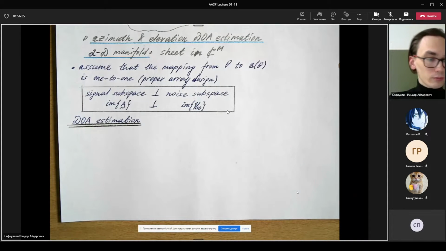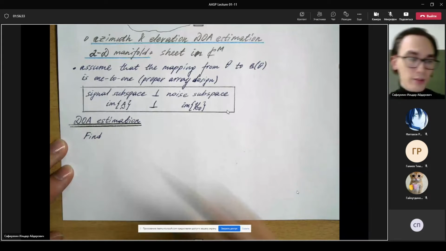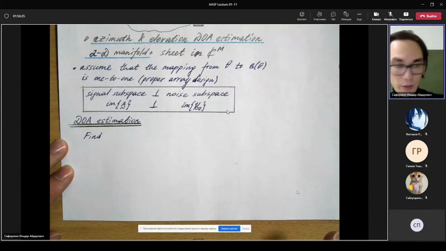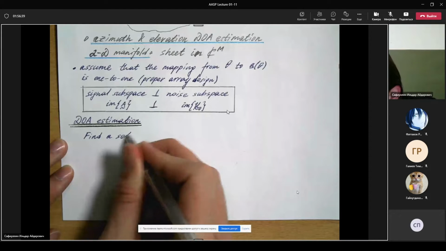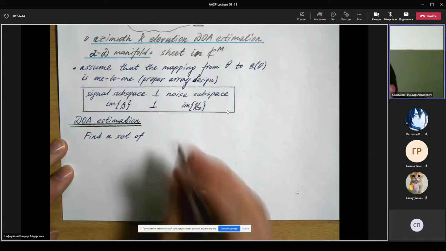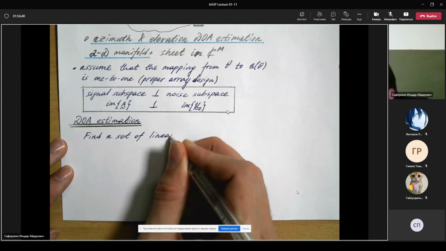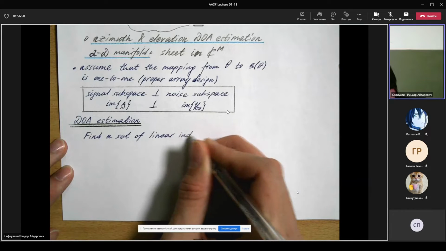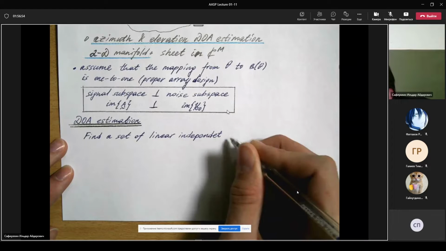So we need to find a set of linear independent vectors.